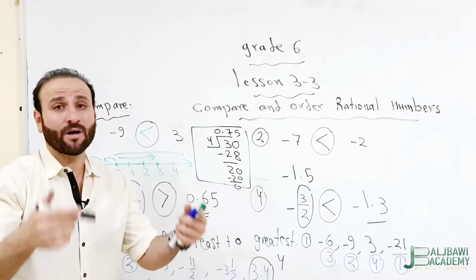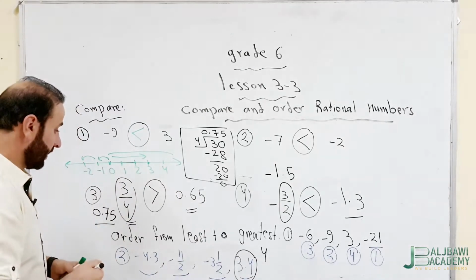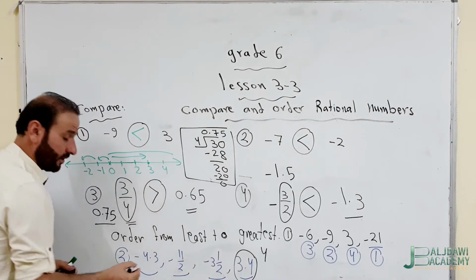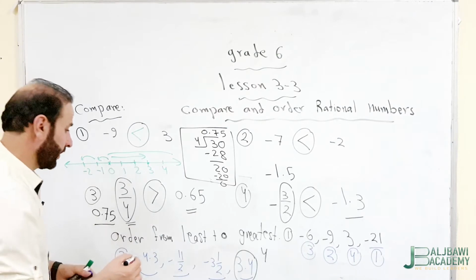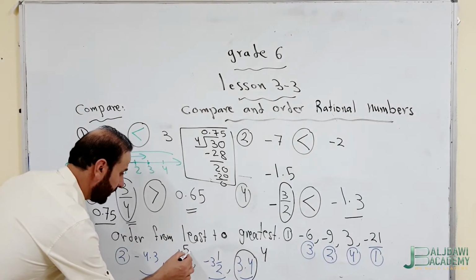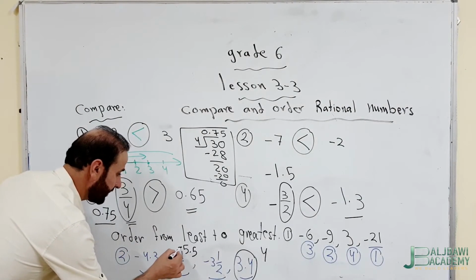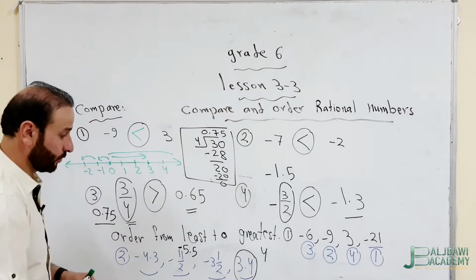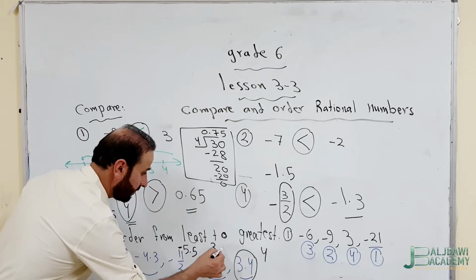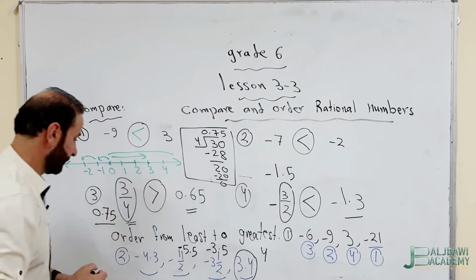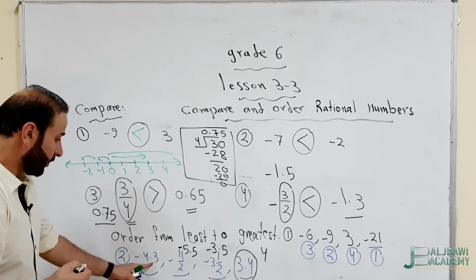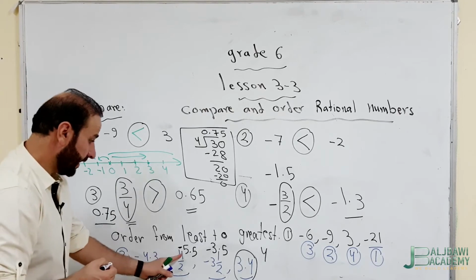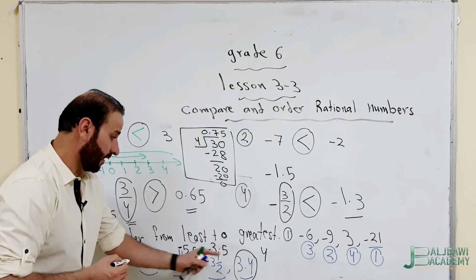Then I think about the negative sign. Here, 11 over 2, 11 divided by 2 equals 5 and a half. So it is negative 5.5. Here, 3 over 2 means negative 1.5. So I have negative 4.3, negative 5.5, and negative 1.5.